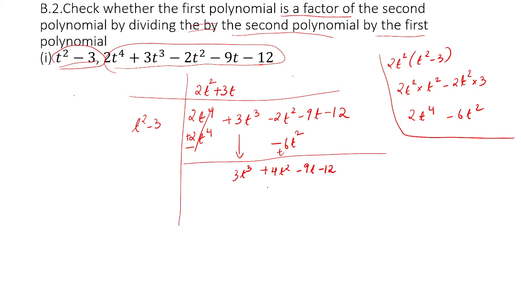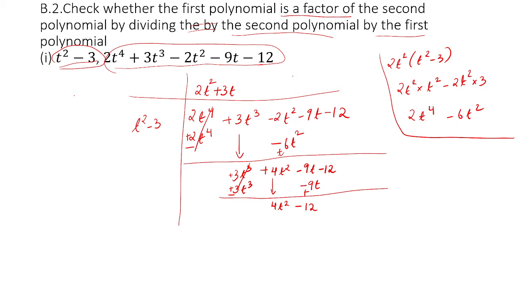When you multiply t square minus 3 with 3t, you get 3t cubed minus 9t. So you can just cancel that out. This is plus, so it becomes minus. This is minus, so it becomes plus. So 3t cubed minus 3t cubed becomes 0, and minus 9t plus 9t becomes 0. You'll be left with 4t square minus 12.